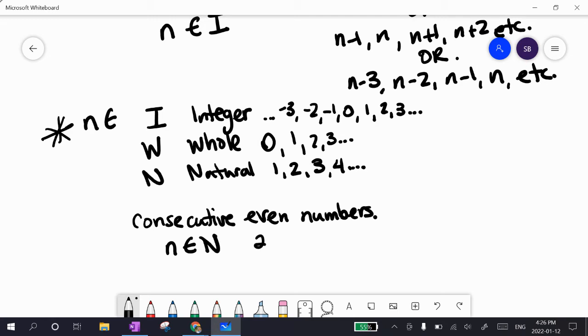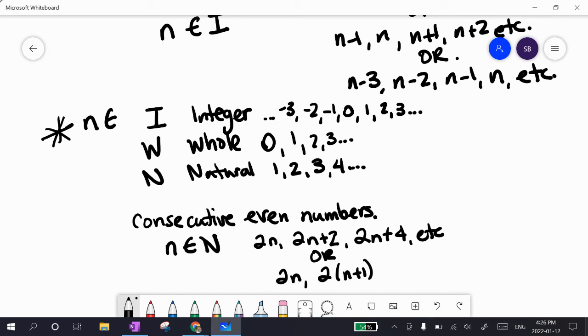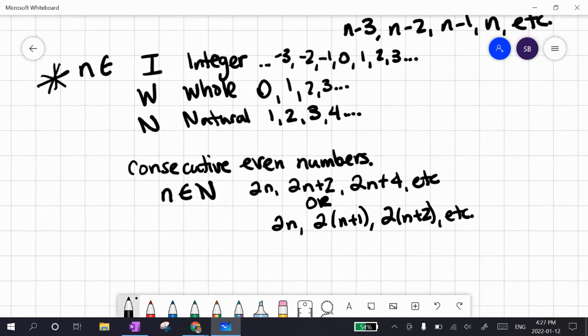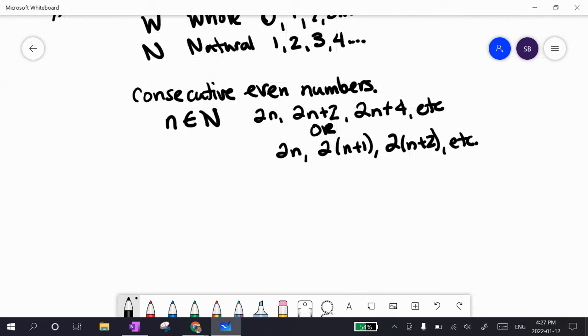And the first one is going to be 2n plus 2, 2n plus 4, etc. Or you could write it as 2n plus 1, 2n plus 2, etc. If this part does not make sense to you, please do not pay attention to it.